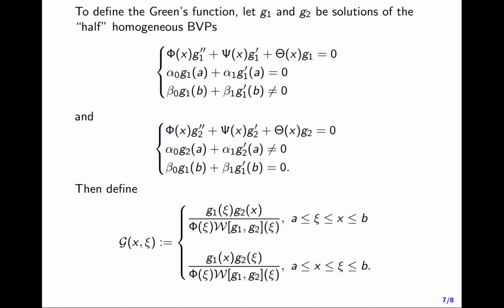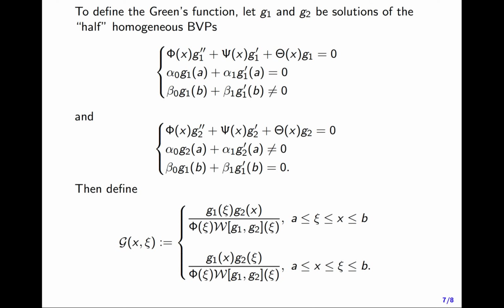Then we'll put g of x and c is g1 of c times g2 of x divided by phi of c times the Wronskian of g1 and g2 at c. And conversely, if x is less than or equal to c, g of x and c will be g1 of x times g2 of c over phi of c times the Wronskian of g1, g2 at c.